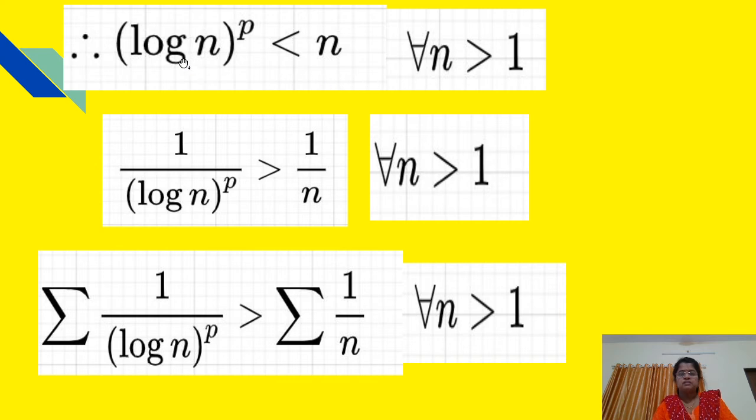Now we will take the reciprocal of this inequality and therefore this less than will become greater than, and therefore we will get 1 upon (log n) raised to p is greater than 1 upon n for every n greater than 1. And therefore summation 1 upon (log n) raised to p is greater than summation 1 upon n for every n greater than 1.